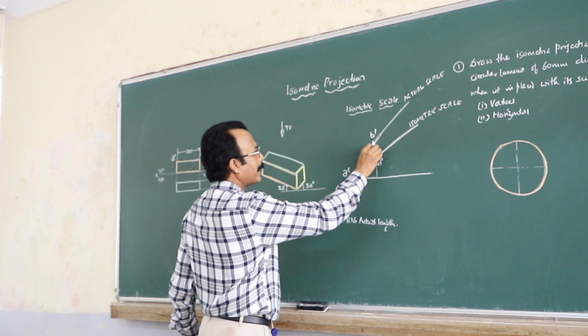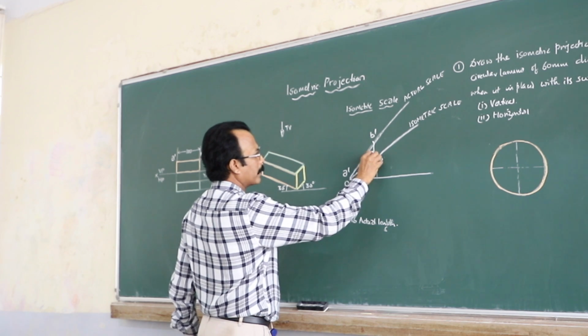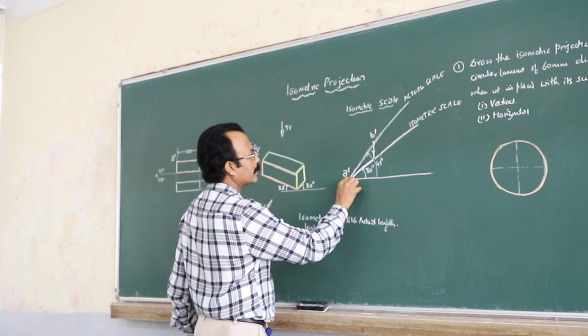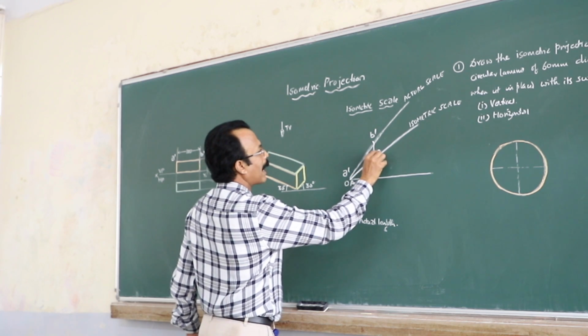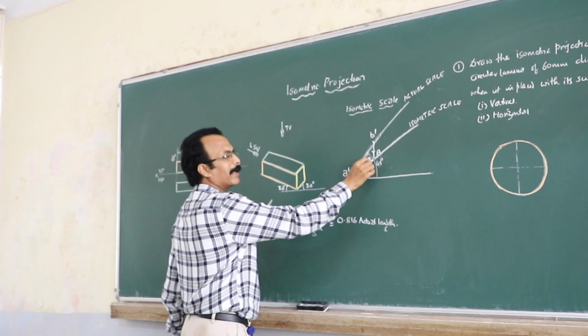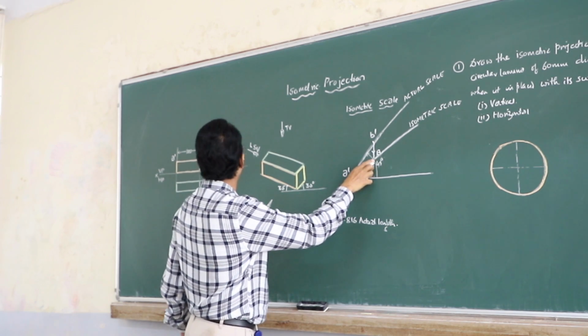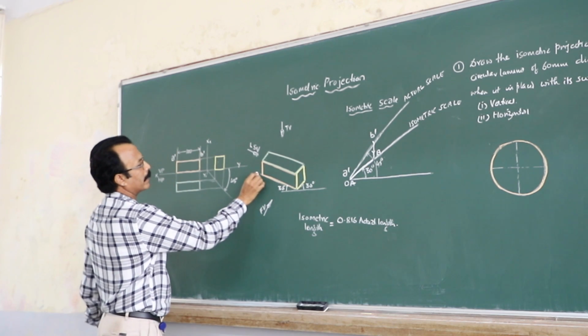Then from B dash, drop a perpendicular, right? So whatever length you are going to get here, this is your AB. As in development, you must name it with capital letters here. With the help of compass, take this AB and mark it here.